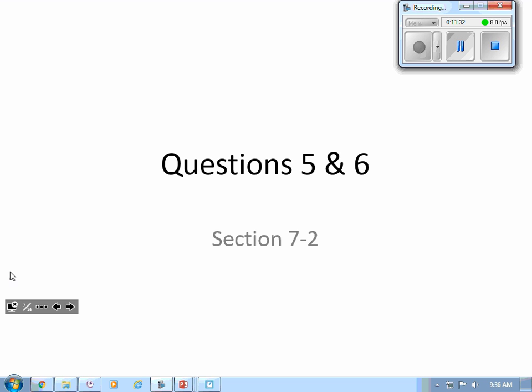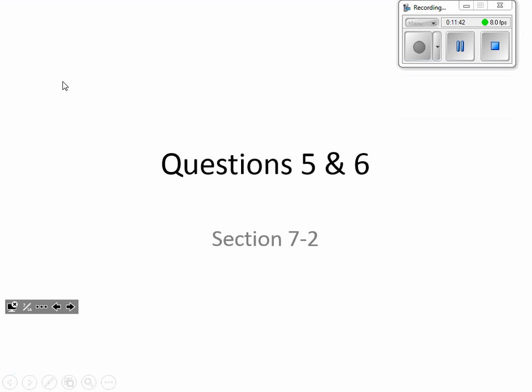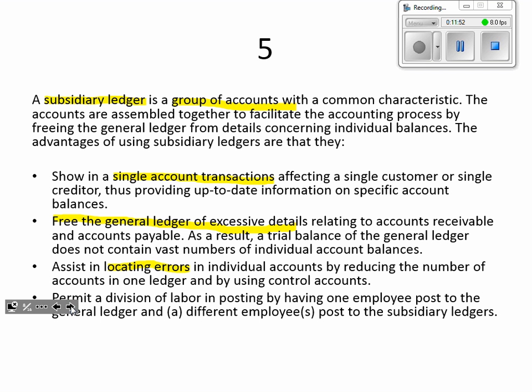Let's go through the answers. So with number 5, what are the advantages of using subsidiary ledgers? Who feels like they can answer that one? You hit point number 2 on the head.